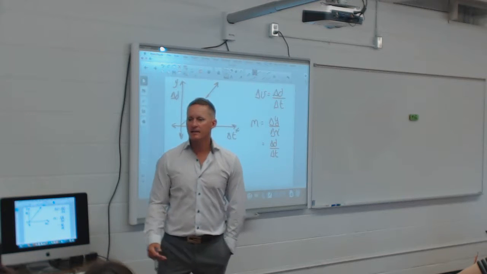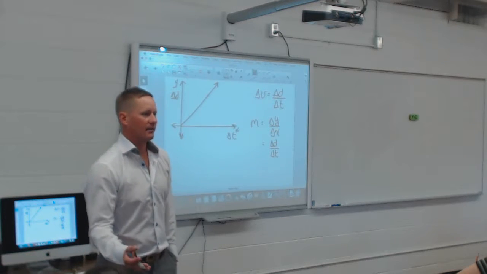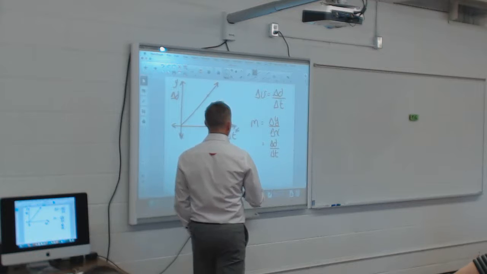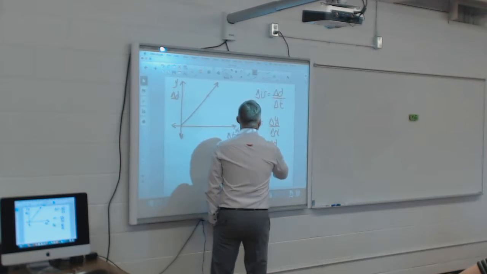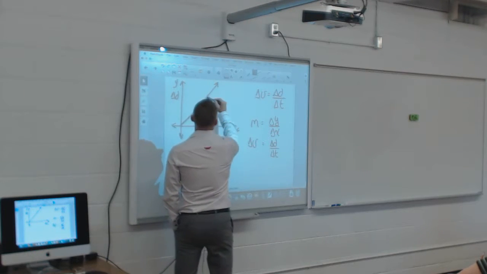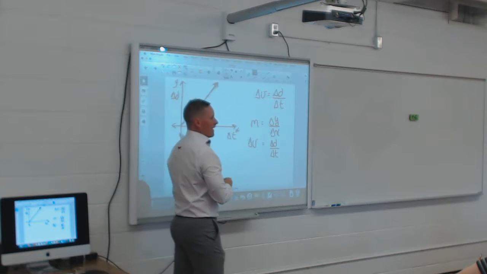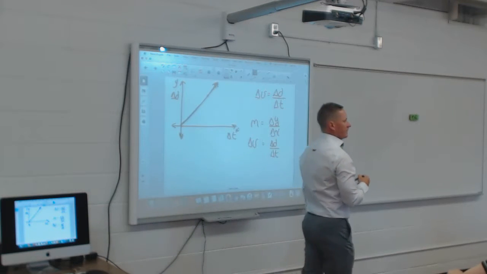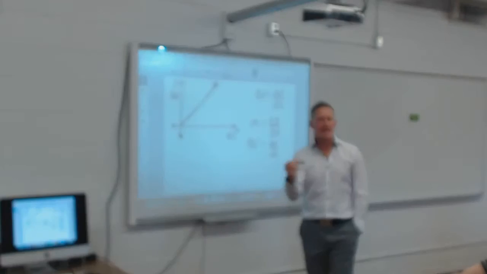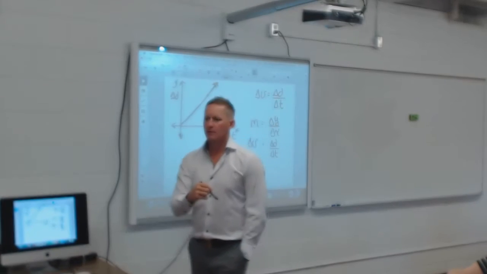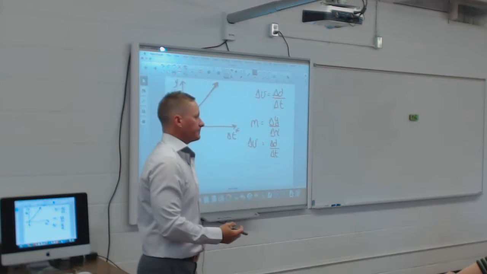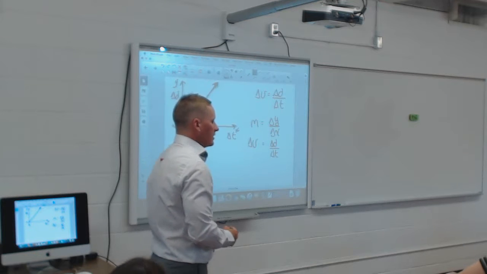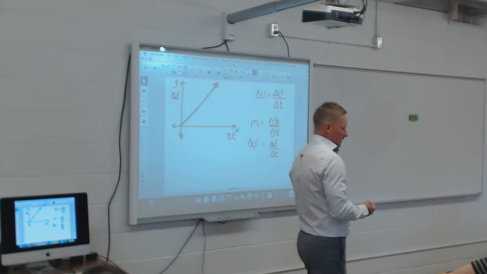Gives me velocity, doesn't it? So if I take the slope of any line on a dt graph, what am I getting? I'm getting my velocity from it. Agree?